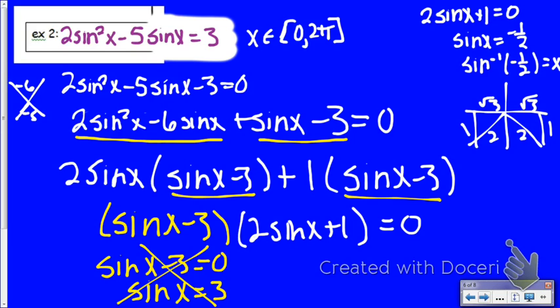The reference is pi over 6. So in quadrant 3, it's pi plus pi over 6, which is 7 pi over 6. And in quadrant 4, negative pi over 6 would be the same thing, but again, since I want my answer between 0 and 2 pi, let's go ahead and find the positive value, which would be 11 pi over 6.